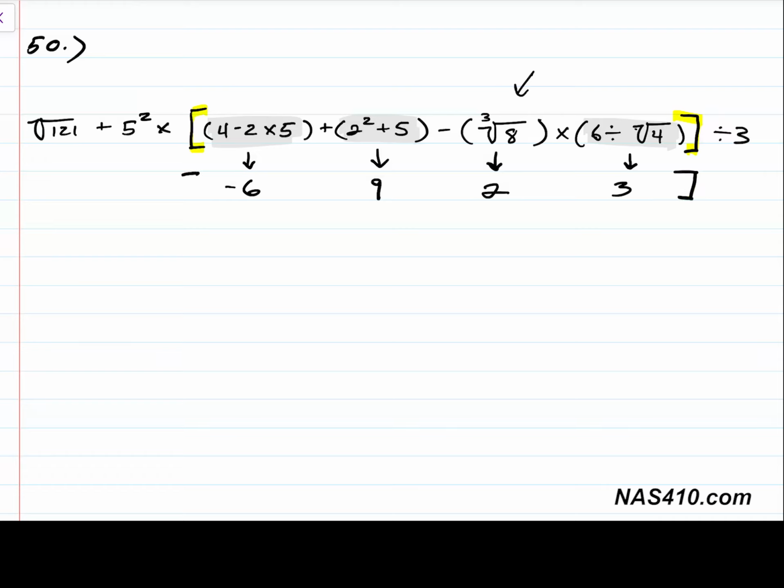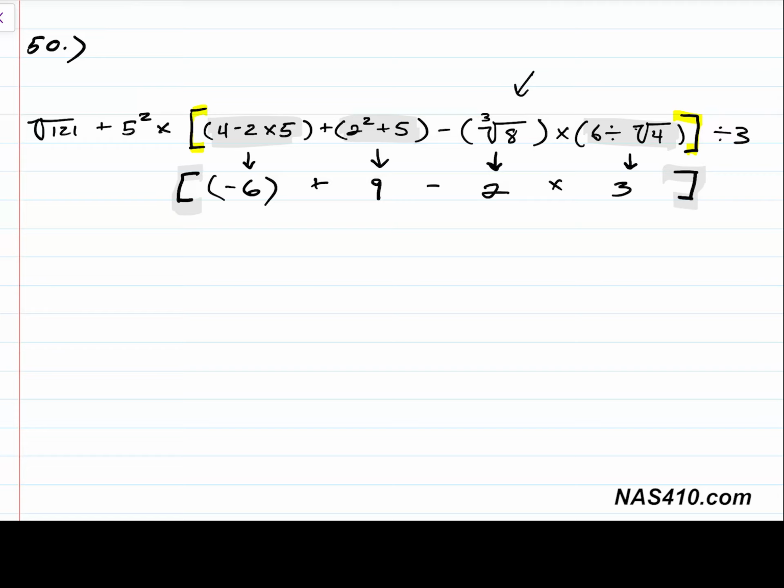Now I'm going to drop down all my signs. I had a plus sign here, a negative sign here, and a multiplication sign here. This was -6, so I'll put parentheses around it. Next, I'm going to keep working on these brackets, breaking these down. Within this bracket, I don't have any more exponents.